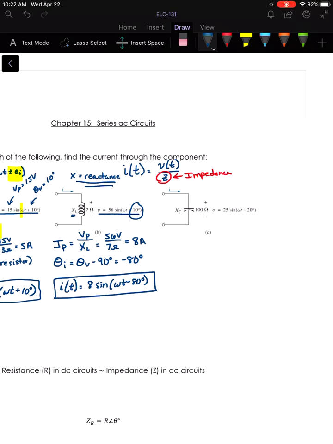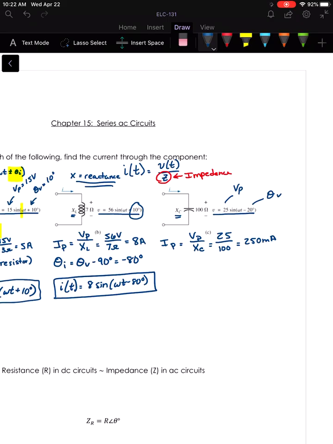Now let's look at our capacitor. Again, we're given the voltage waveform, which gives us V peak and theta V. We're given the reactance of our capacitor. So the peak current would be V peak over X of C. We've got 25 volts peak divided by 100 ohms, or 250 milliamps would be the peak.